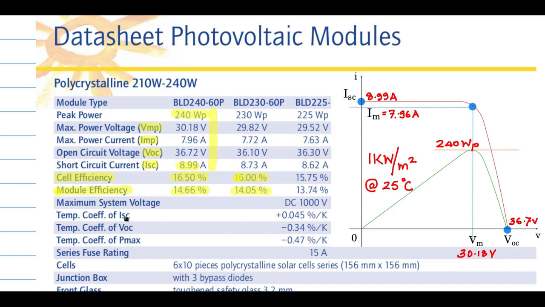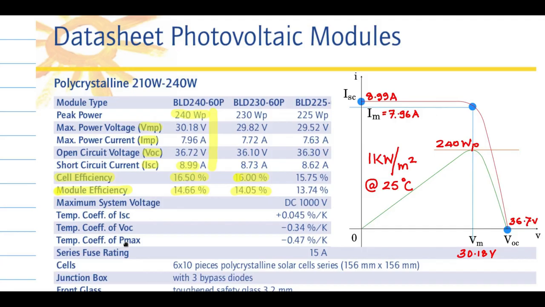See, the temperature coefficient of ISC is plus 0.045% per degree Kelvin, and the temperature coefficient of VOC is minus 0.34% per degree Kelvin, which means that as the temperature increases, VOC will decrease.